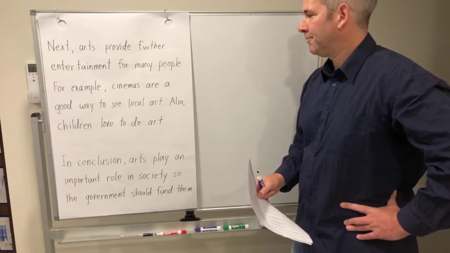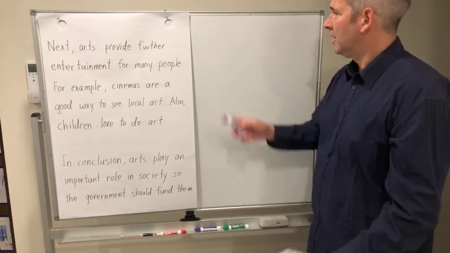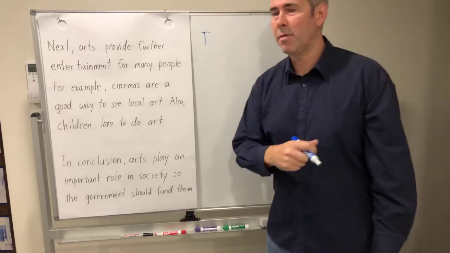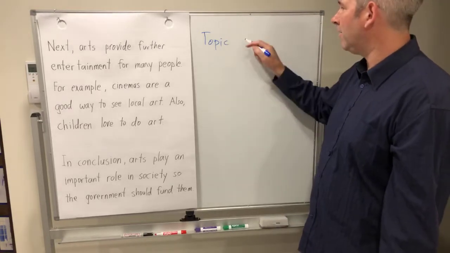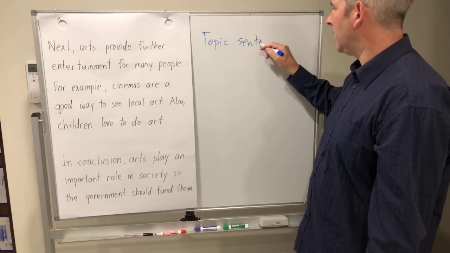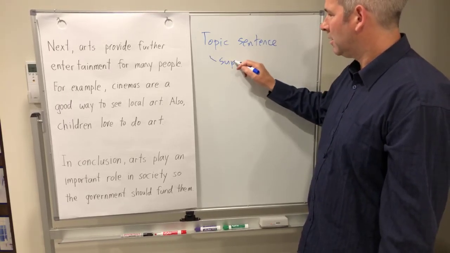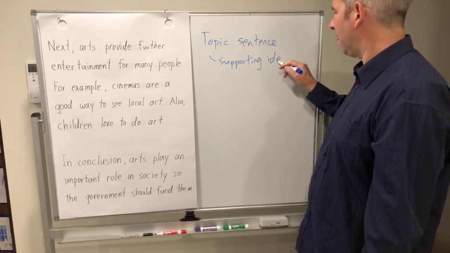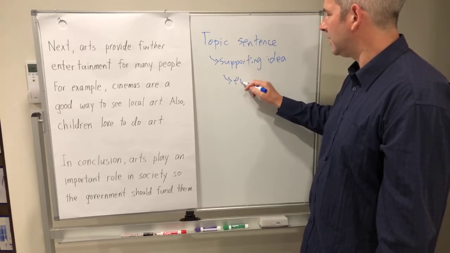Now, I can only count 3 sentences. This is a good rule of thumb to think about how many sentences you should have in a main body paragraph. From the video, if you've seen it: topic sentence, supporting idea, evidence.